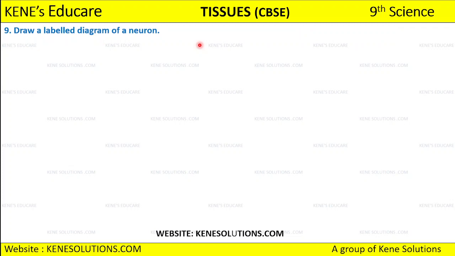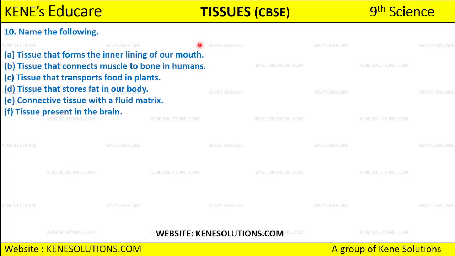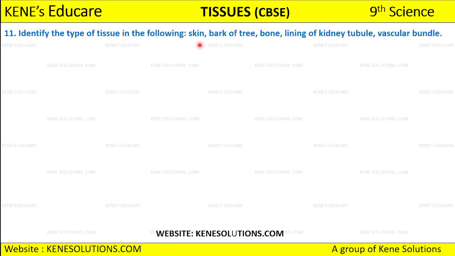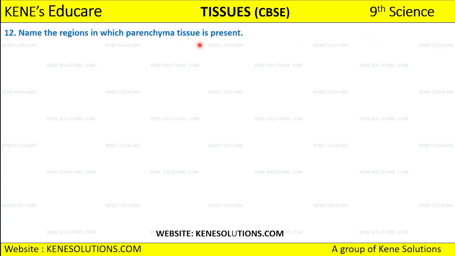Okay, then we will be drawing a well labeled diagram of a neuron. We will be naming the following things which have been given. Then we will be identifying the type of tissue which is present in the skin, in the bark of the tree, in the bone, then linings of the kidney tubule and the vascular bundle.